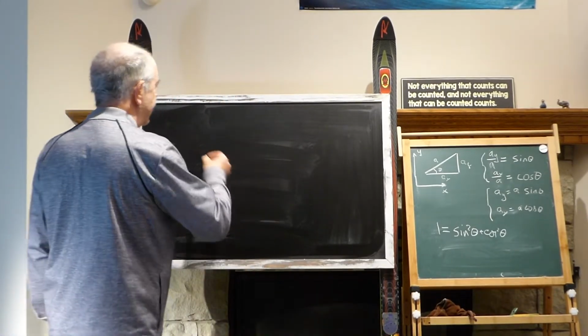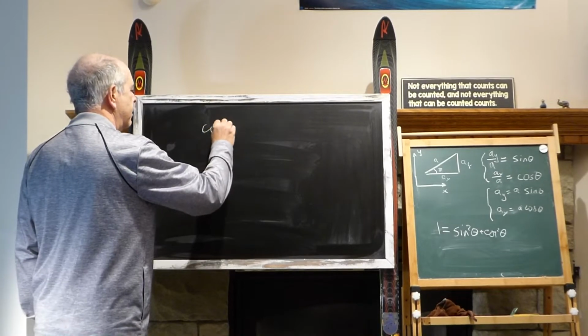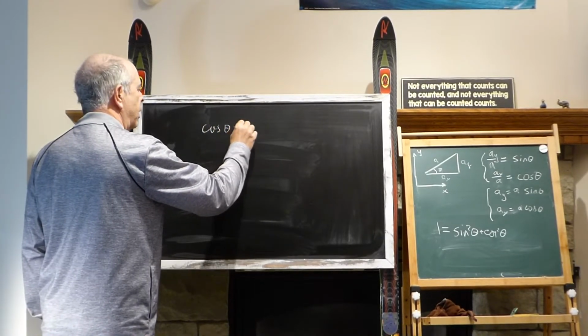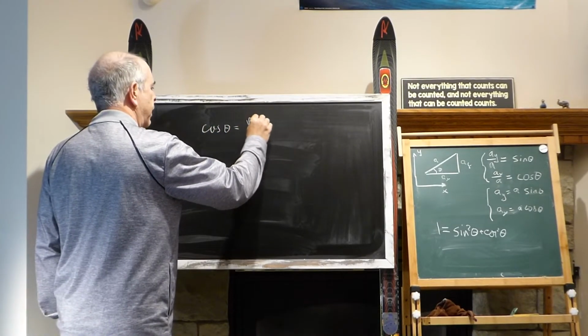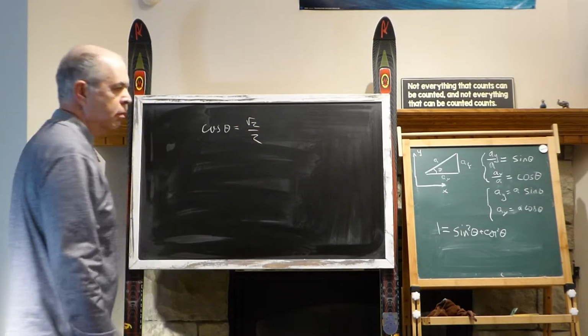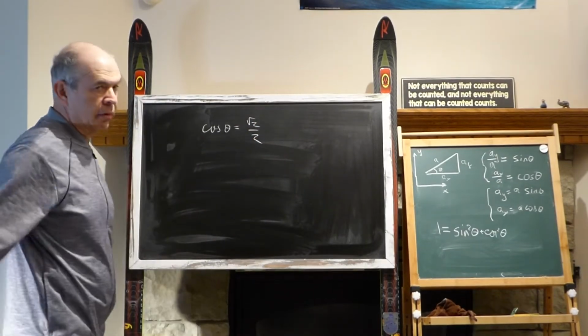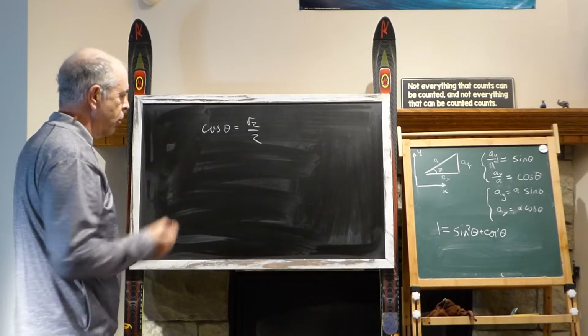So suppose you know that cosine theta equals square root of 2 over 2. Well, we know theta is 45 degrees, but suppose we don't.